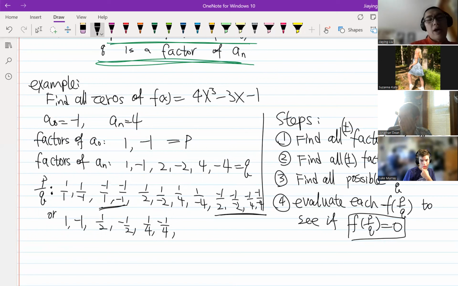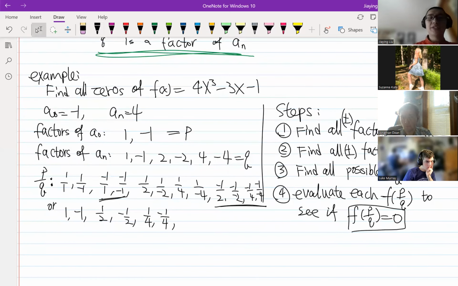Okay. Now I'm just going to pick one and put in there. If I end up with the remainder equals 0, then I'm not going to try other ones. I'm going to use division to simplify to find the quotient. All right, let's try P over Q equals -1. Remember my function was 4x cubed minus 3x minus 1.